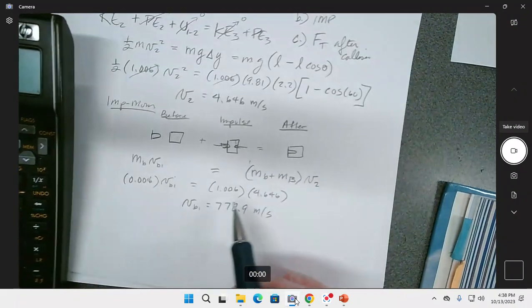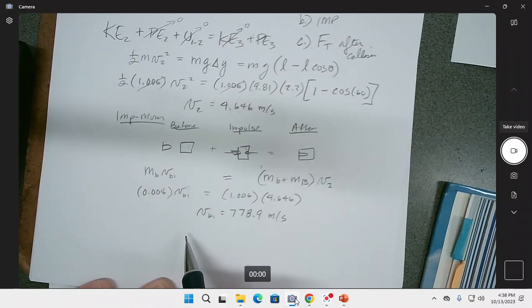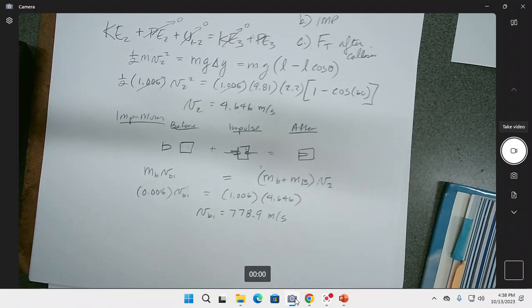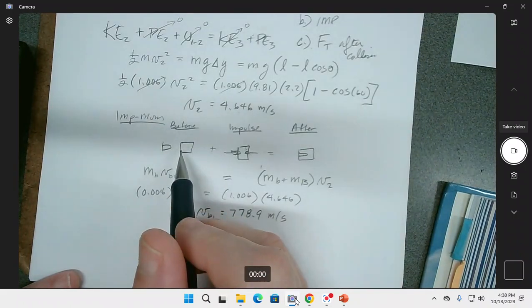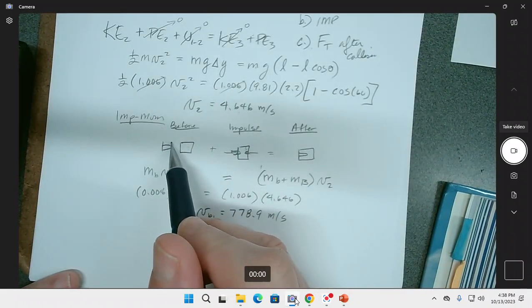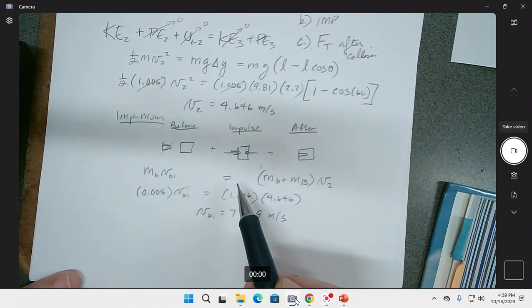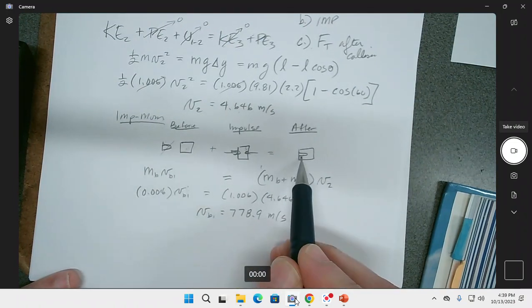And so what we would do now is for the impulse. How do you get the impulse? The amount of impulse. What you need to do is leave off one of the parts. That's tough because this thing is there. But what we would do is essentially ignore the bullet and just look at the box by itself.